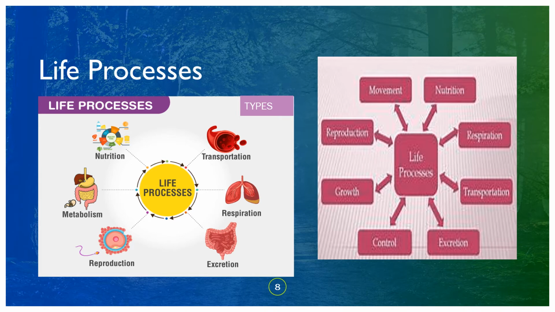He or she is interested if you highlight the important things and then you write something. Okay, so you can easily draw this picture. Here we have written life processes in center and many processes are shown surrounding it with the help of arrows.